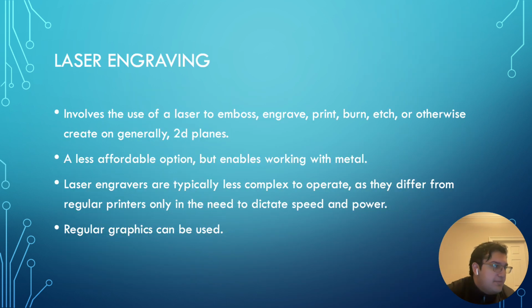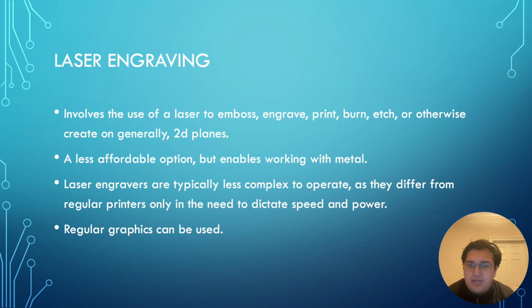So now we're going to jump into laser engraving, and that involves the use of a laser to emboss, engrave, print, burn, etch, or create generally on 2D planes. It's less affordable because lasers are more expensive, but it also enables working with metal because you can engrave on metal and on wood.